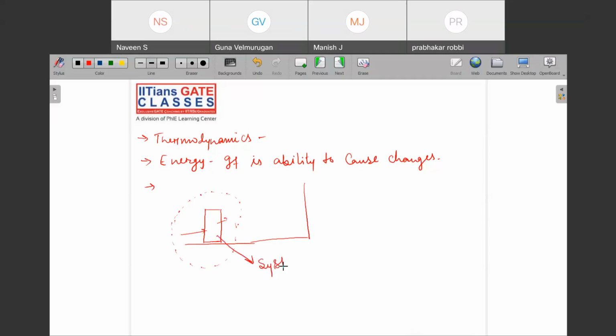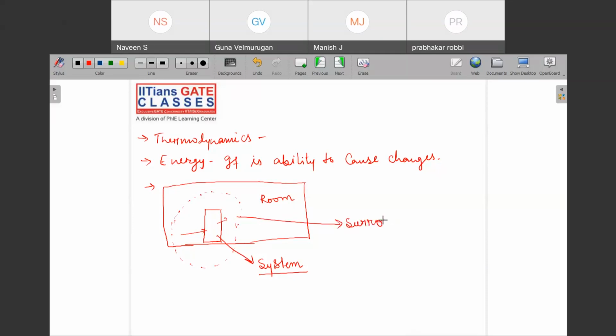I am trying to analyze this bottle, like if some heated water is in it, what will happen after 5 minutes, 10 minutes, or 20 minutes, or how much heat it will give to the surroundings. Let us say this is your room. If there is a water bottle left in this room, then your system is this water bottle, and anything other than the system automatically becomes the surroundings.